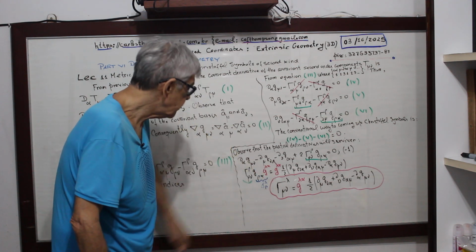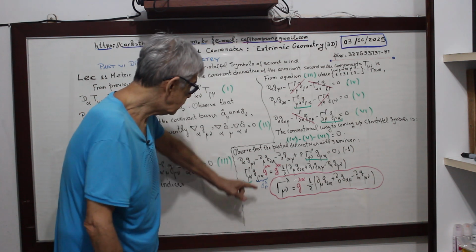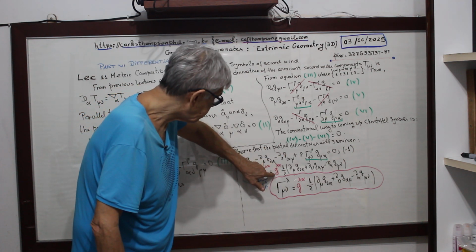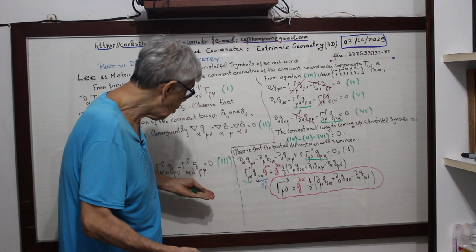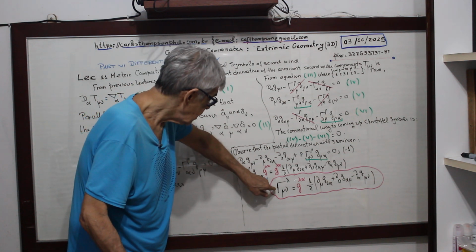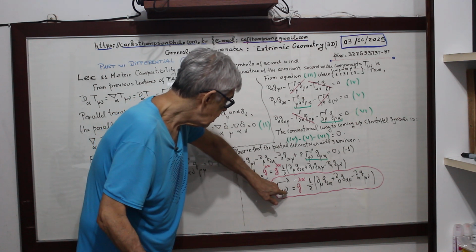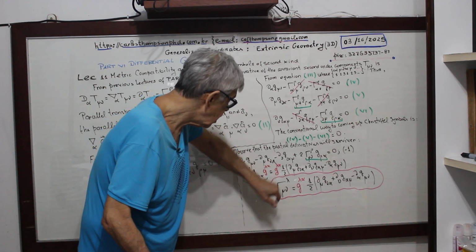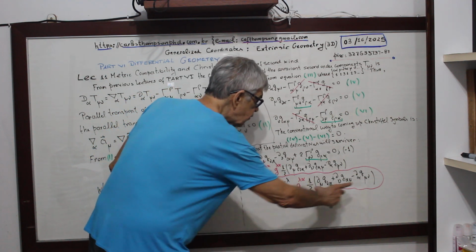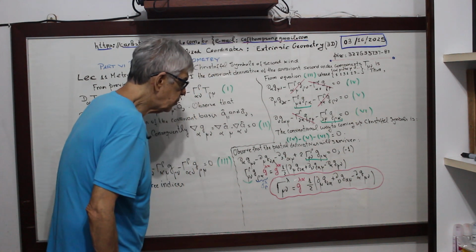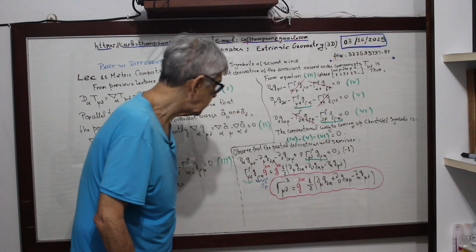It's a property of the Kronecker delta. Now the right-hand side is just multiplied by this red one here. That's it. So that's the Christoffel symbol of second kind, Γ^λ_μν: g^λν times 1/2 of this bracket, this parenthesis, which I just copied from there.